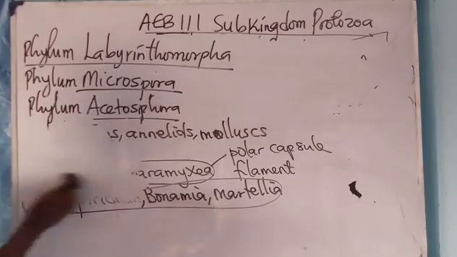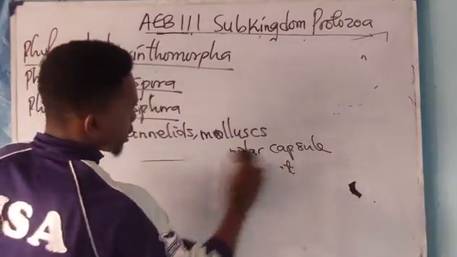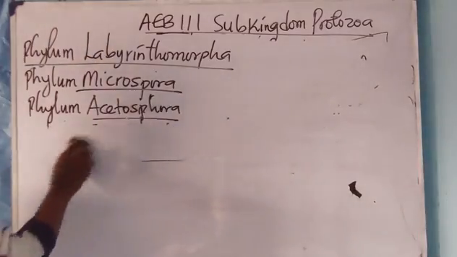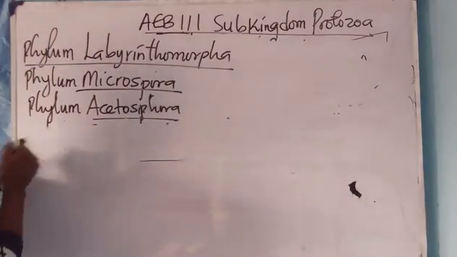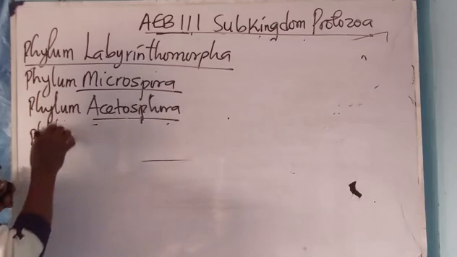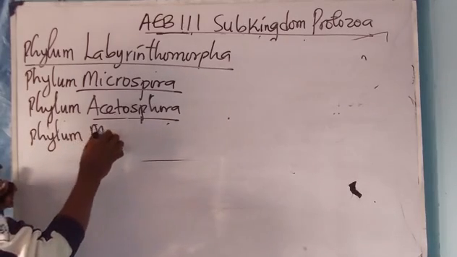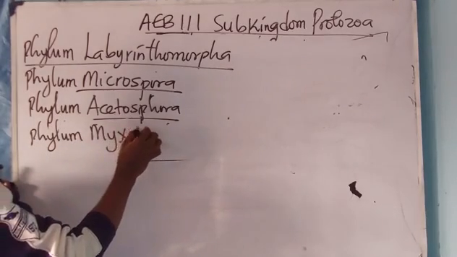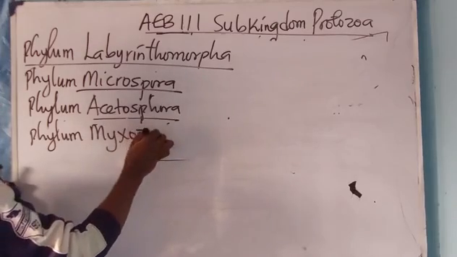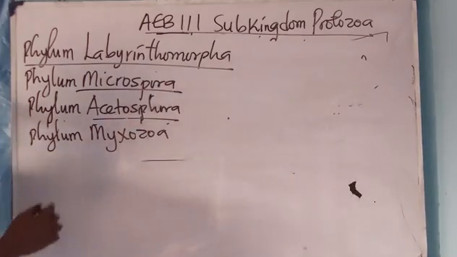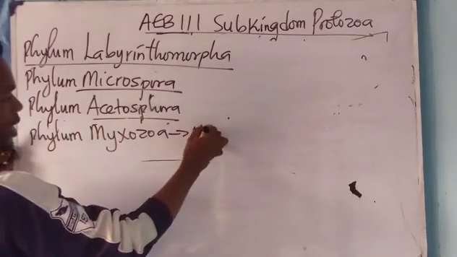Another example, another phylum, is Phylum Myxozoa. Phylum Myxozoa, if I'm not mistaken. They are all what? Parasitic.